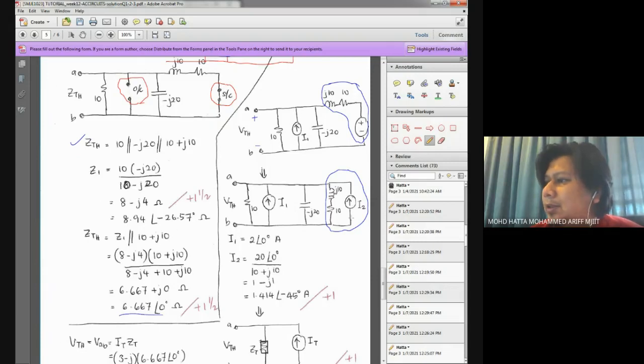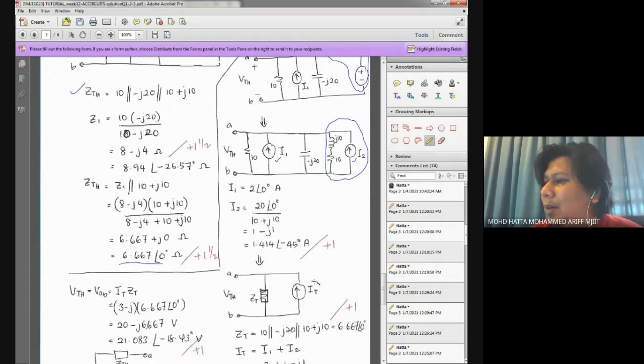And since the current sources over here are in the same direction, I can easily combine the current sources. And basically, you also can combine all these elements. The elements over here, if we look at the circuit, are three elements connected in parallel.